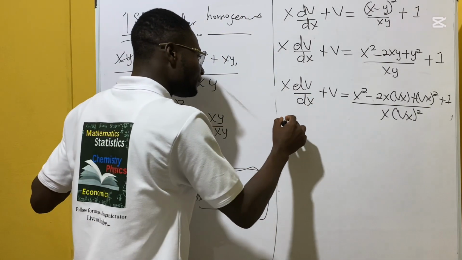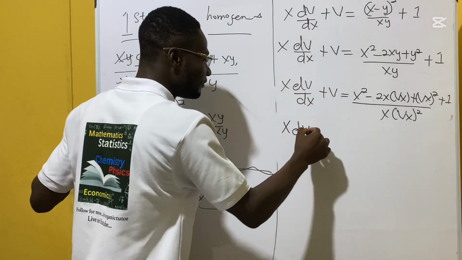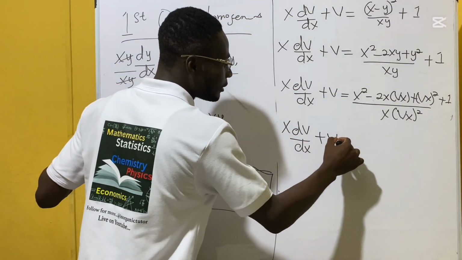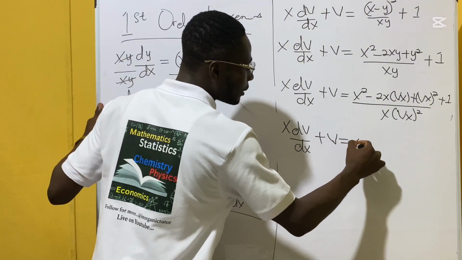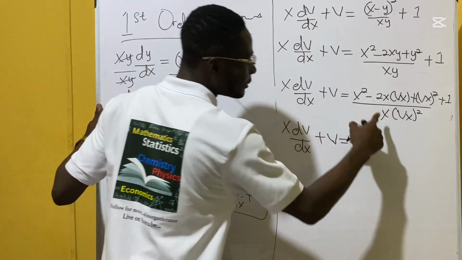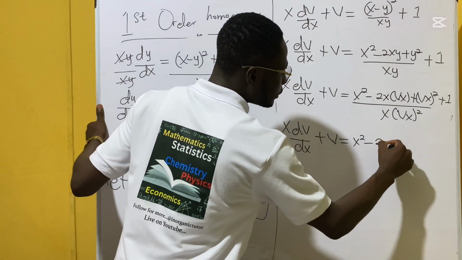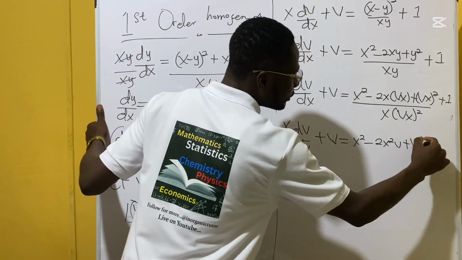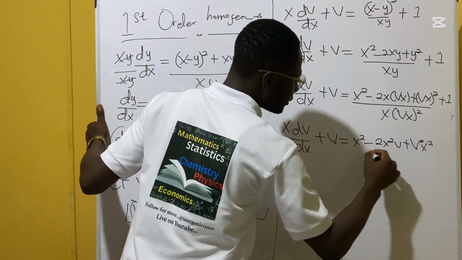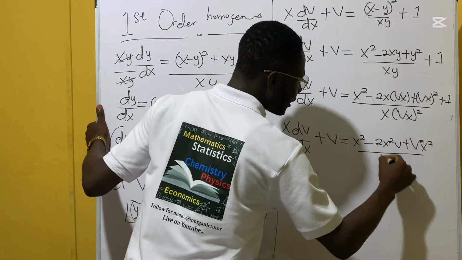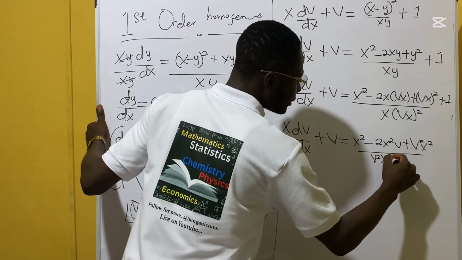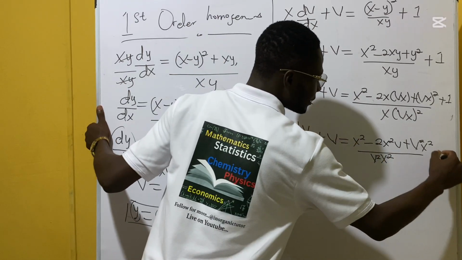Okay, so we have x dv over dx plus v equal to x squared minus 2x squared v plus v squared x squared, all over v x squared, plus our 1.